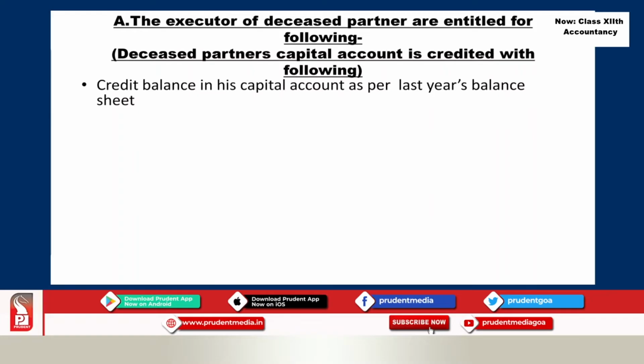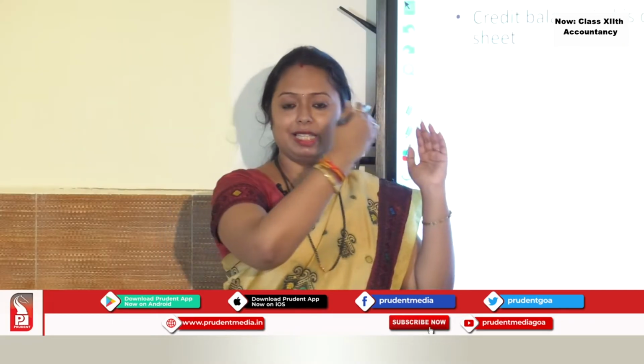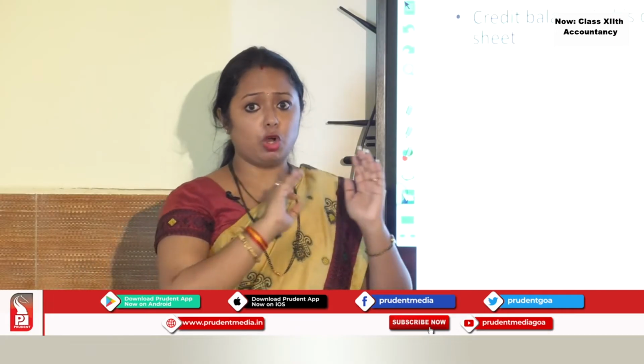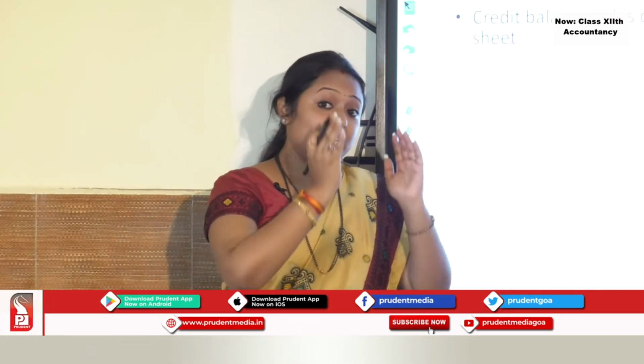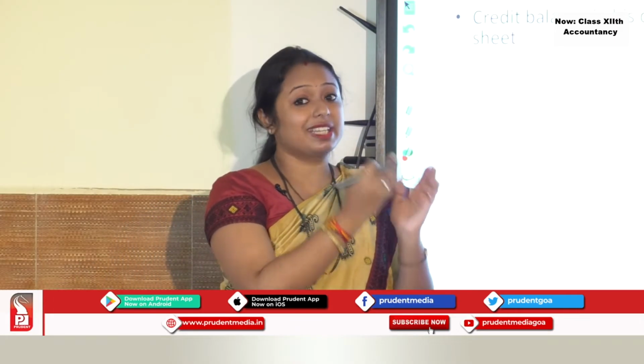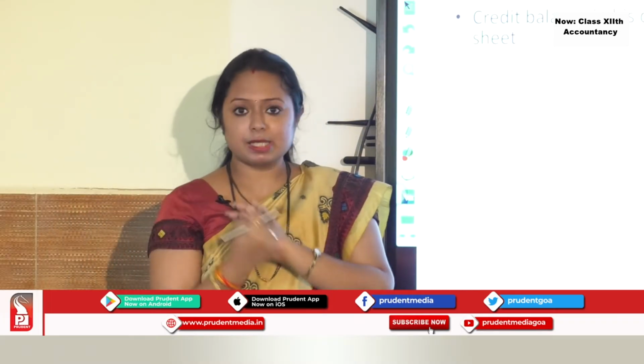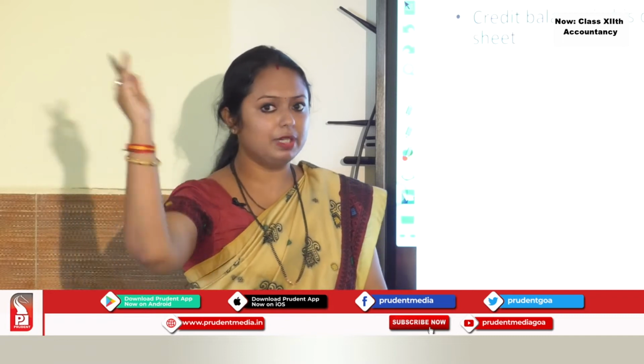The first one is the credit balance in his capital account as per the last year's balance sheet. Always, we transfer the last year's balance by balance brought down. If the last year's balance shows a credit balance, it will come in the new year as by balance brought down, right? So this will be credited first.